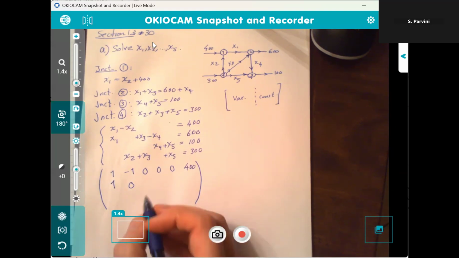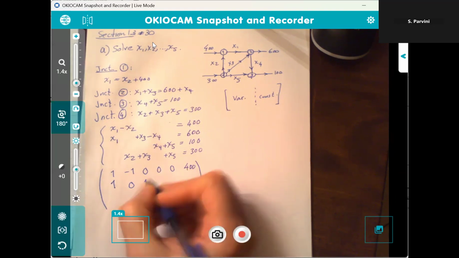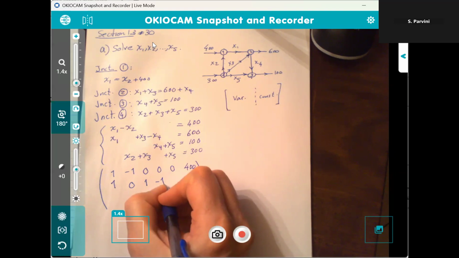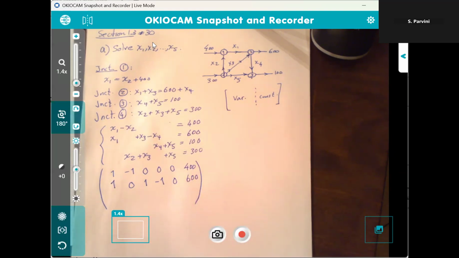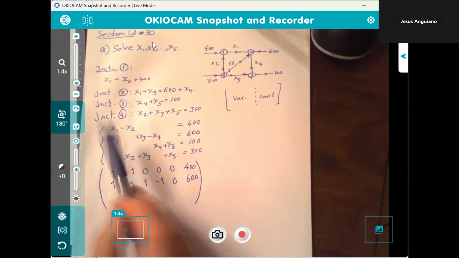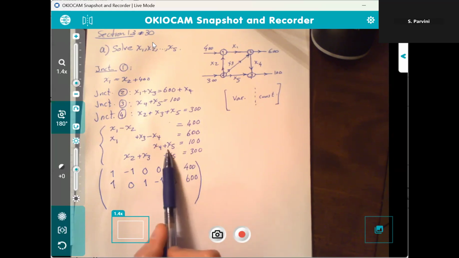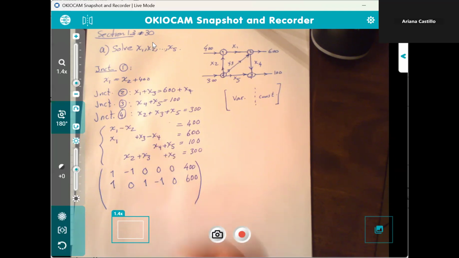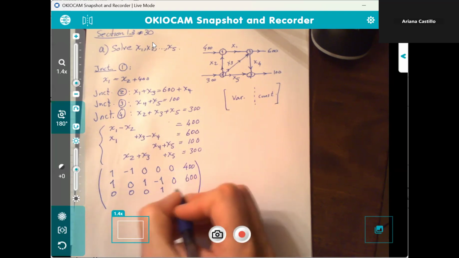Okay, the second row is going to be 1, 0, 1, -1, 0, 600. Is that correct? Yeah. Perfect. What about the third equation? 0, 0, 1, 1, 0, 100.